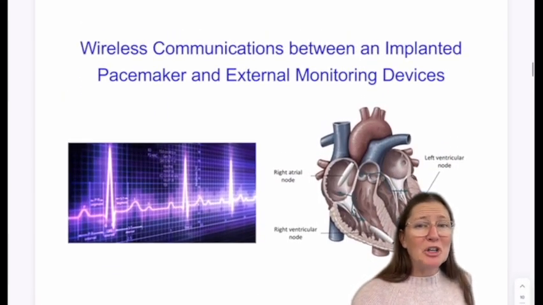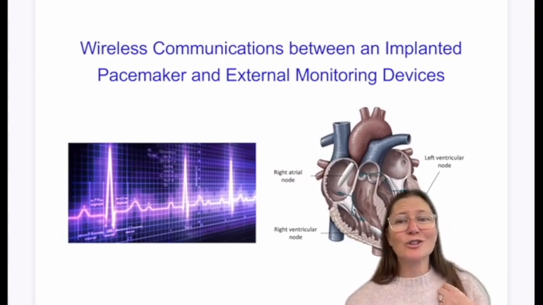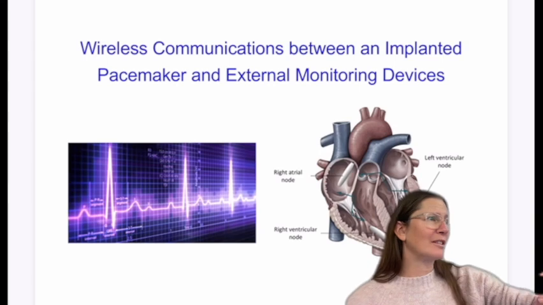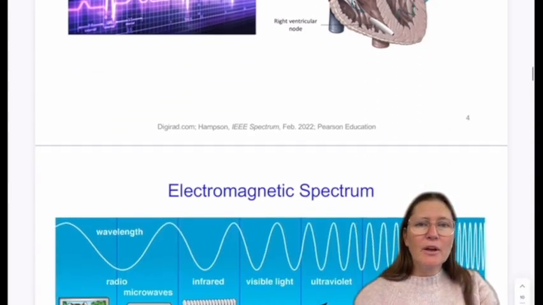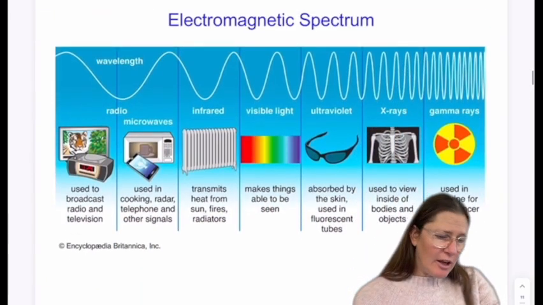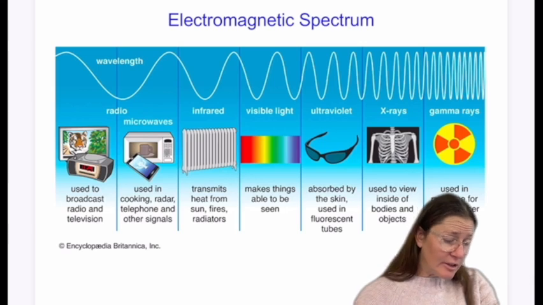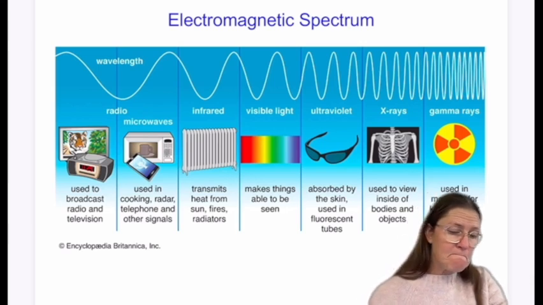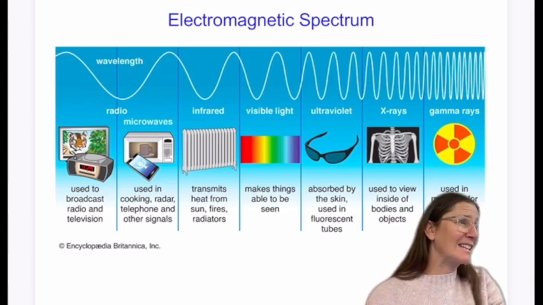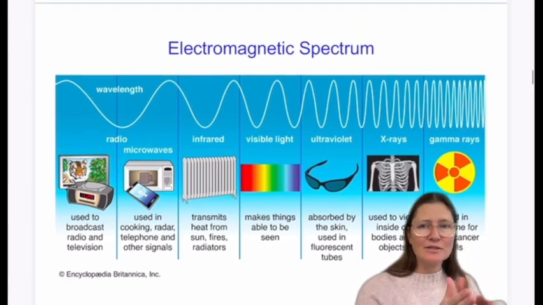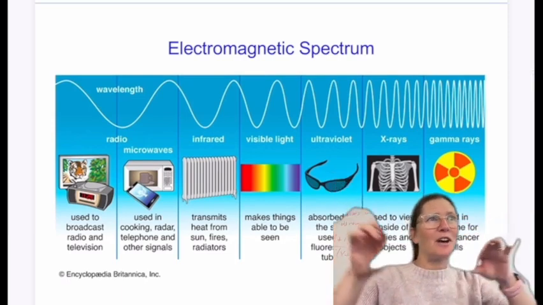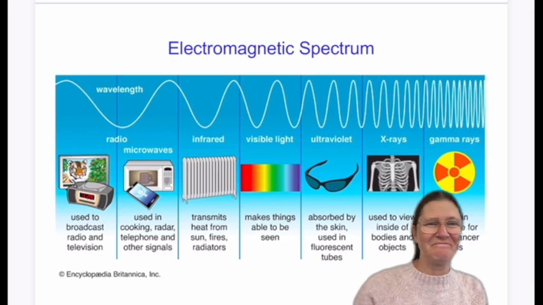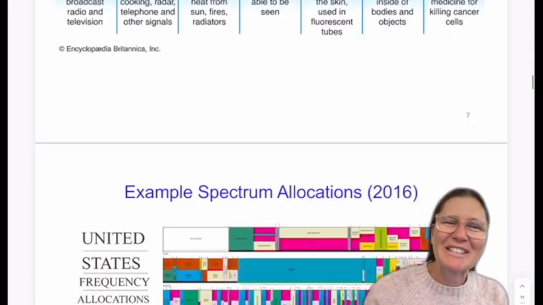With the pacemaker, that's actually internal, and then you have to transmit all that signal through the body to an external device on the outside. So how this is done is through a signal itself. We call this the electromagnetic spectrum because it has the whole range of identified limits.